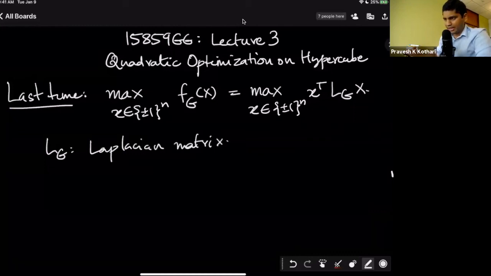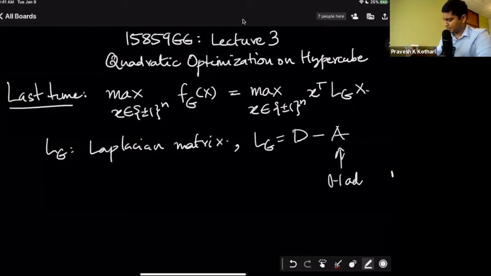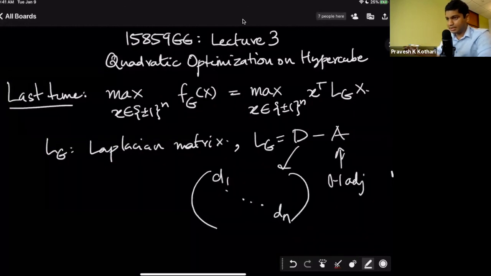If you don't recall what that is, you can check that f_G(x) equals x transpose L_G x holds for the following matrix. It's D minus the adjacency matrix. This is the usual 0-1 adjacency matrix of the graph, and this capital D is the diagonal matrix with the degrees of the vertices written on the diagonal.